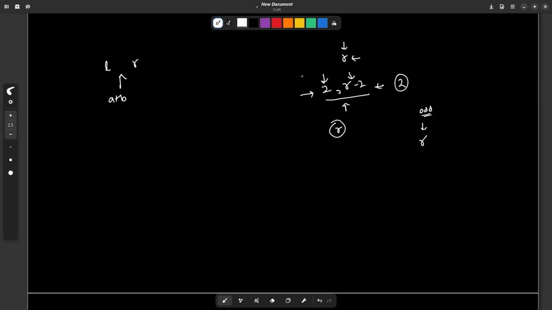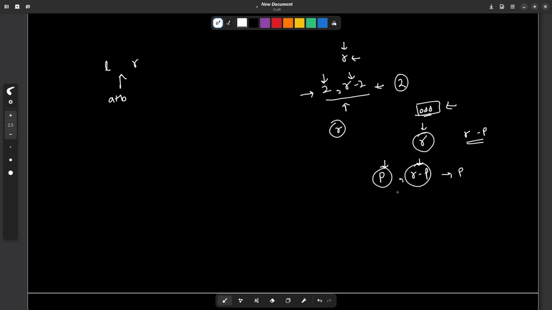But in a more general scenario, you can find any prime divisor of the value of R. So let's say the value of R is odd and there exists a prime divisor P of R. Then my answer is going to be P and R minus P. Because if R is divisible by P, then R minus P will also be divisible by P, and the GCD of P and R minus P is definitely going to be P.